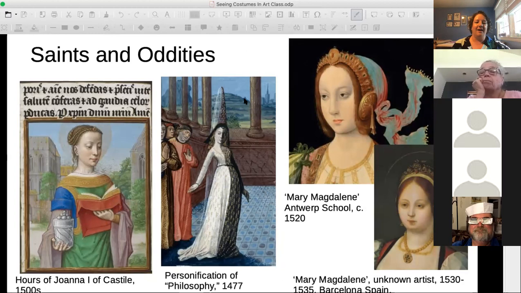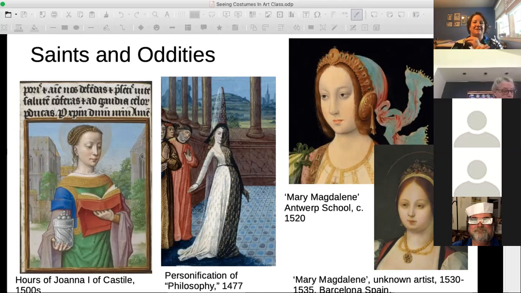So Joanna I of Castile, on the left, is wearing about 8 layers. She is the only person I have ever found in artwork from that time period wearing this many layers, because she has on basically a sideless surcoat, a short-sleeved gown, a long angel-winged gown, and then what looks to be a rust-colored, long-sleeved, tight-sleeved coat hardy under it.